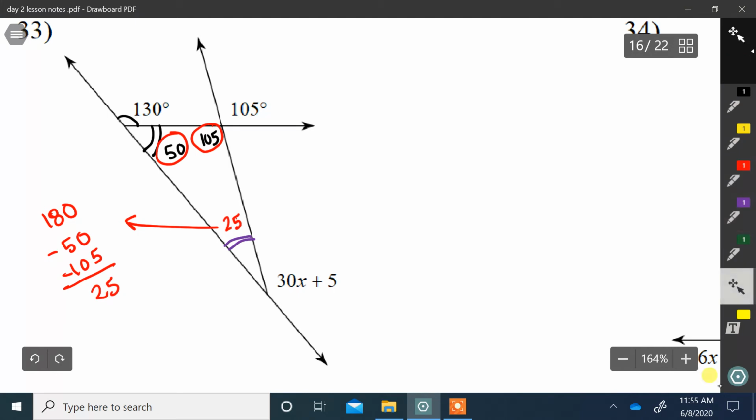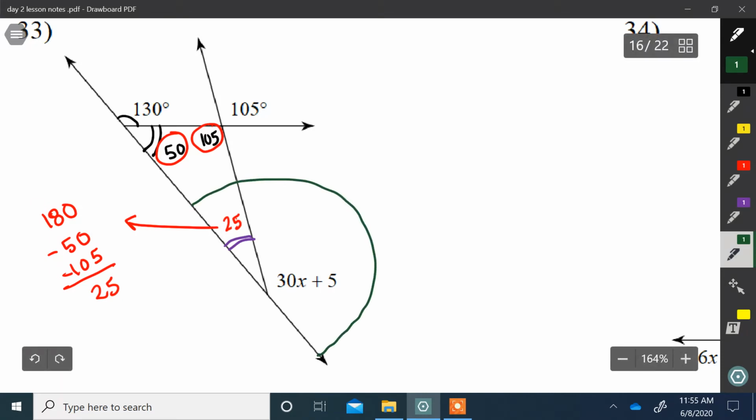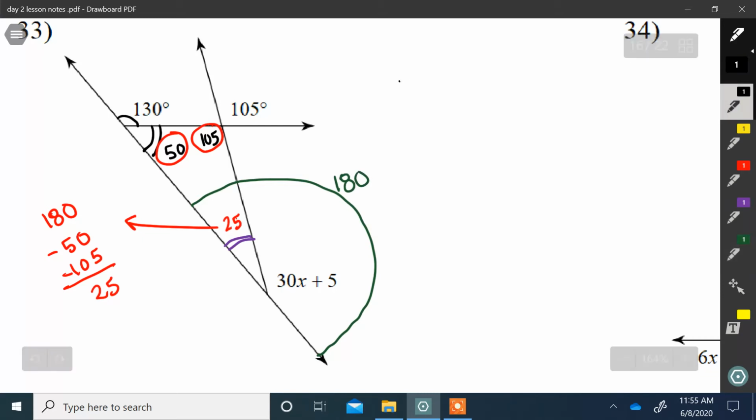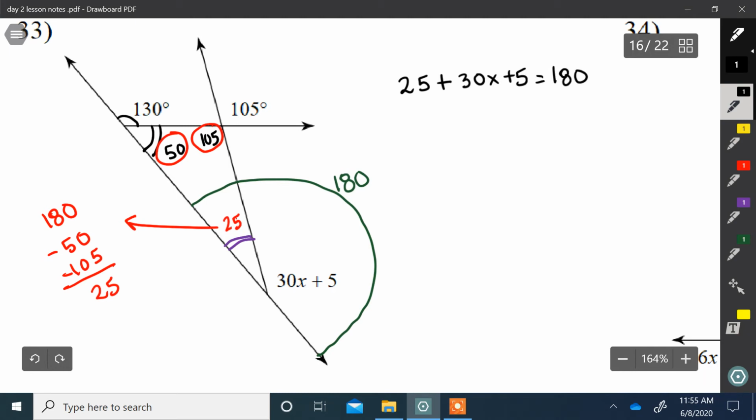Okay? Now you have to realize we're solving for x in here, but we know that when you add up all that, that's also 180. So now let's solve for x. We know that 25 plus 30x plus 5 is going to equal 180 degrees. 25 plus 5 is going to be 30.